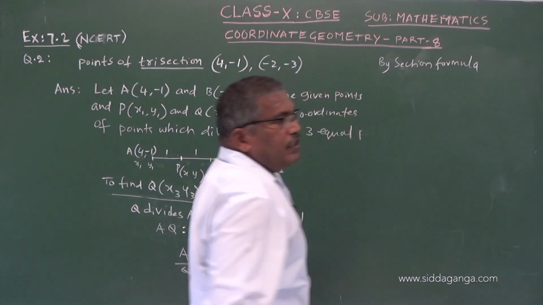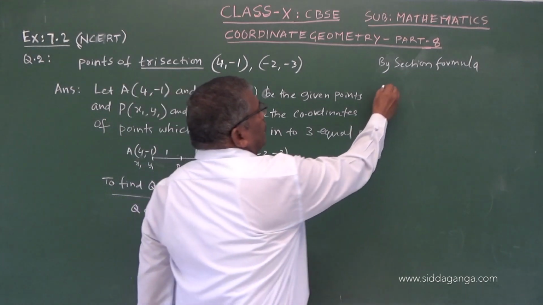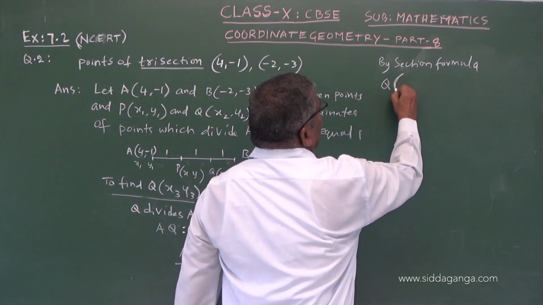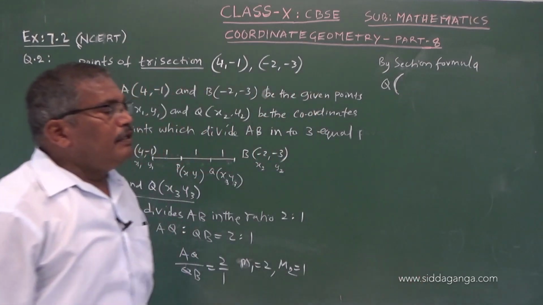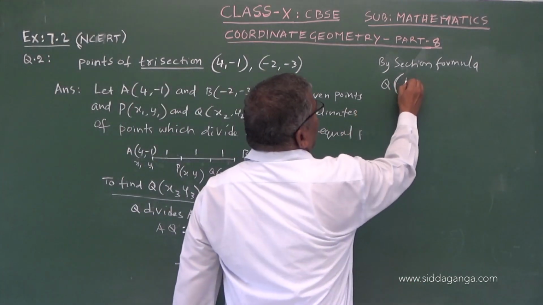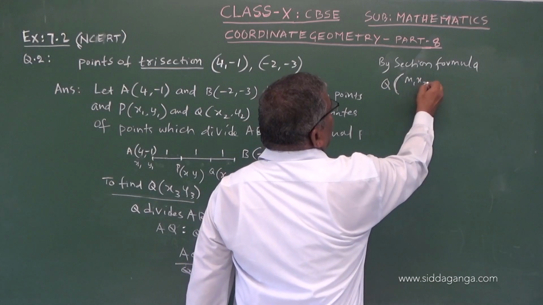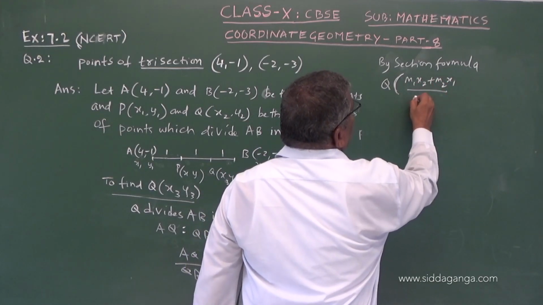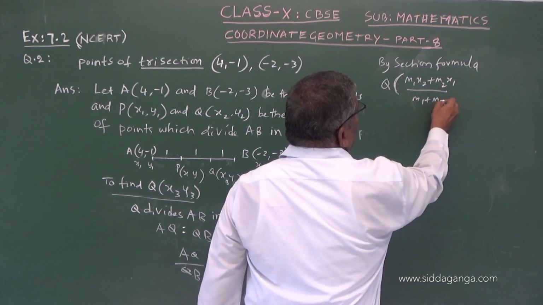The formula will not change here. Of course, we need point Q. It is given by M1 x2 plus M2 x1 divided by M1 plus M2.